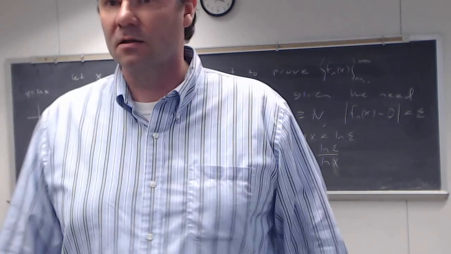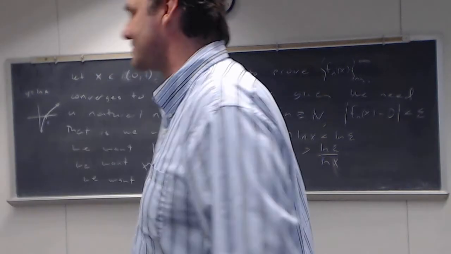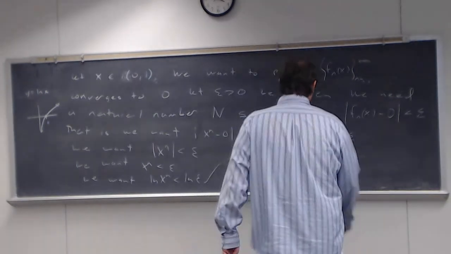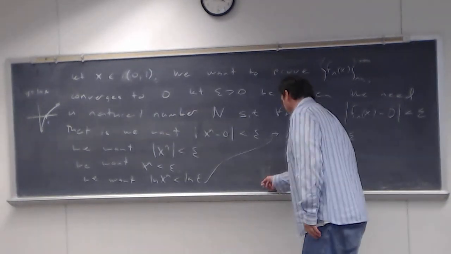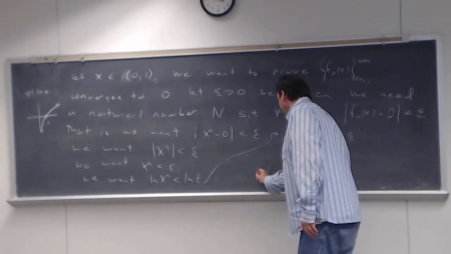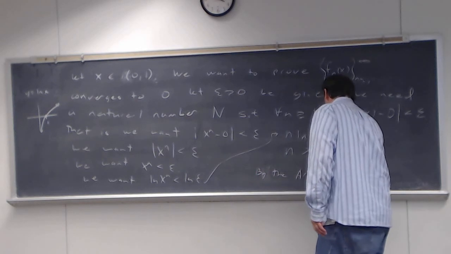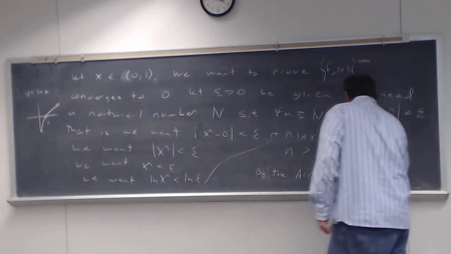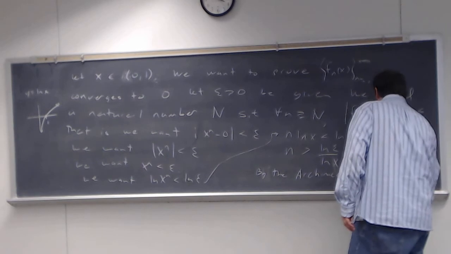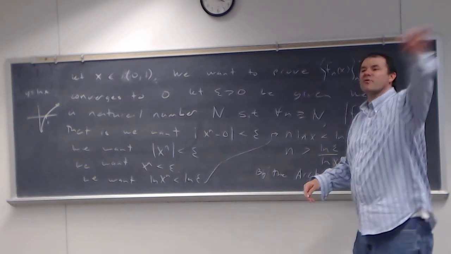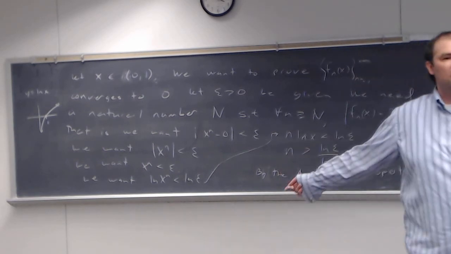Did we call it that? Okay. You call it whatever you want. By the Archimedean property. But even if we don't know the name, Ruby said the right thing. Okay, she said they're going forever. So we can get bigger than any number. Is that okay?